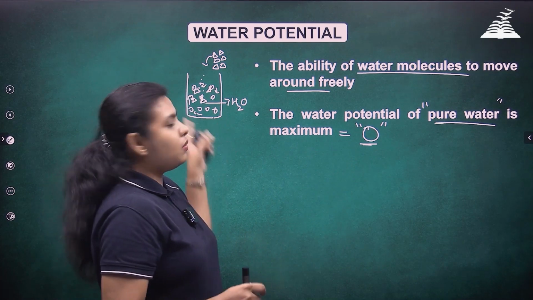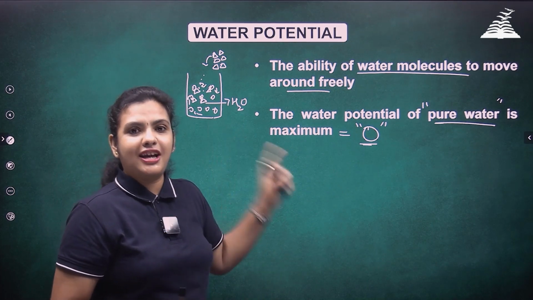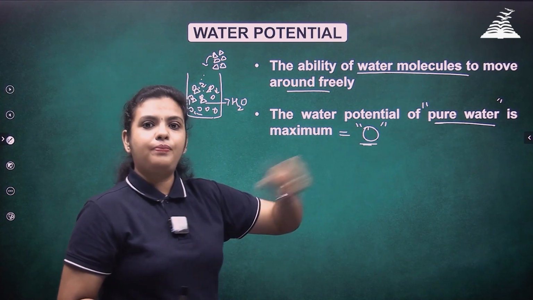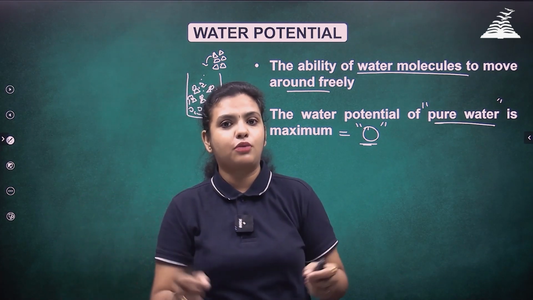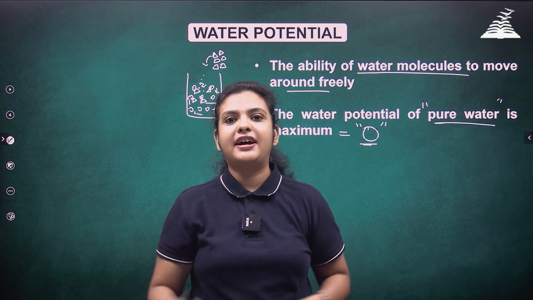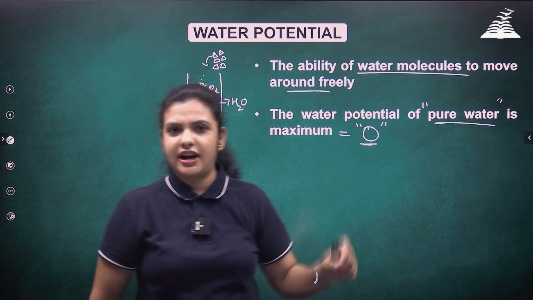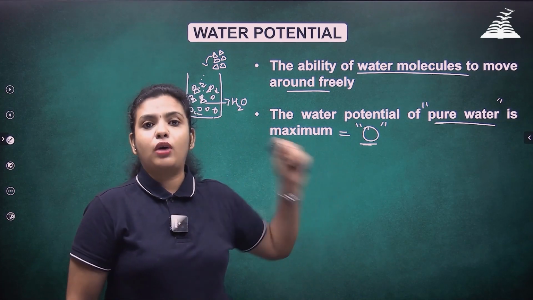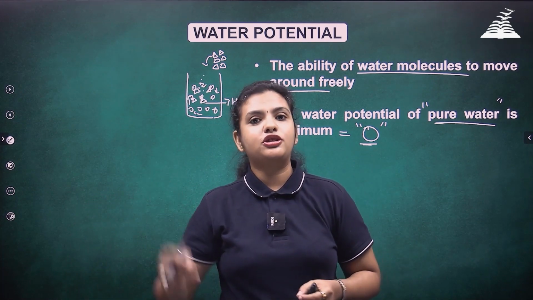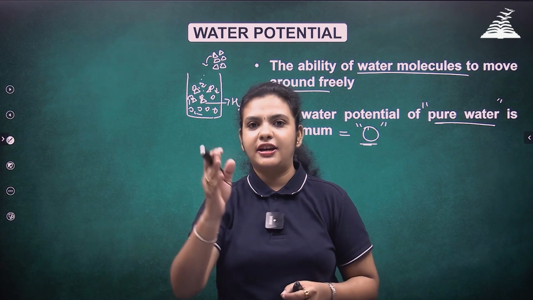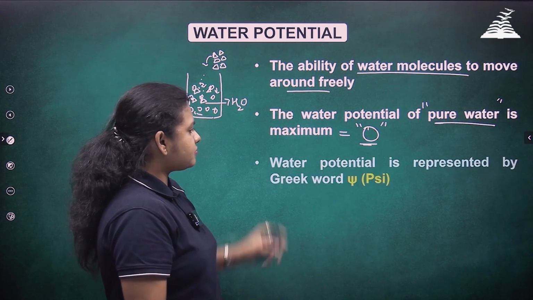When I say the water potential of the solution is less, what is less than 0? Minus. So definitely the water potential of a solution is negative. This is a neat question, students, right? What will you underline? Water potential of pure water is 0. Water potential of a solution is regarded as negative, right?